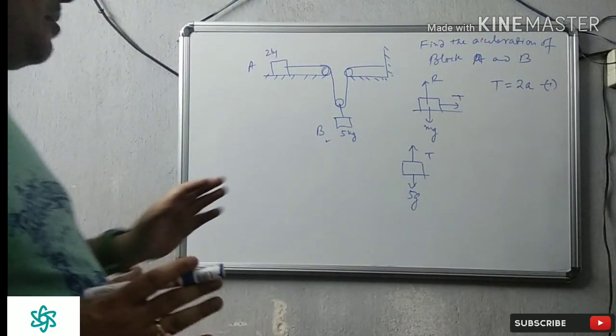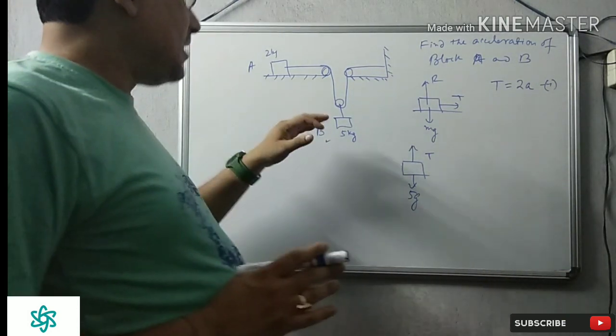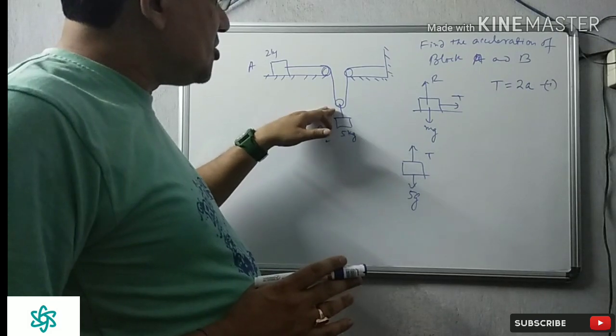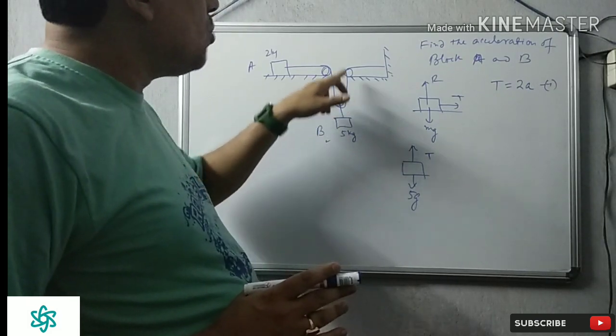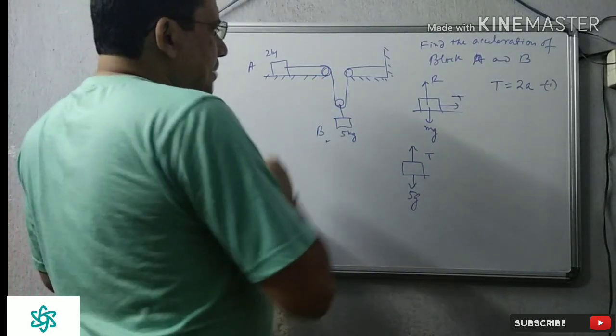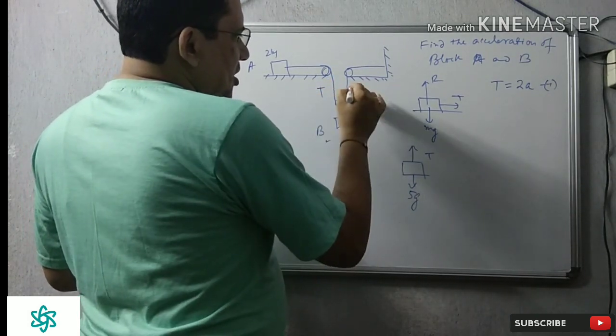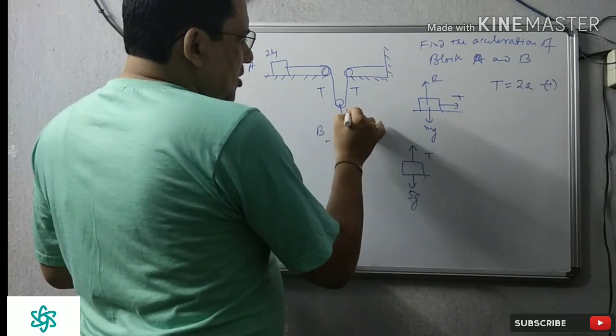But you have to remember, like the previous problem, the tension T is here, and this tension is divided into two ways. So this one is T, this one is T, this one is T, this one is T. So that's why this one is 2T.